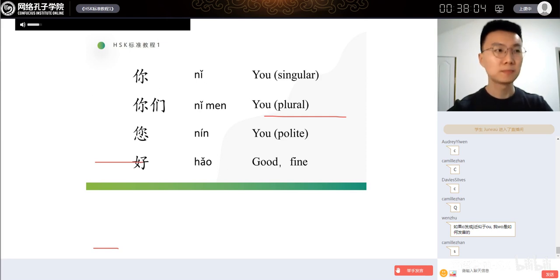And if you are greeting your boss or someone older than you, you'd better use 您, a polite way to say you. Okay, now please read after me.